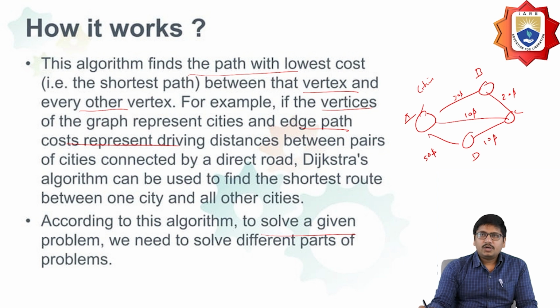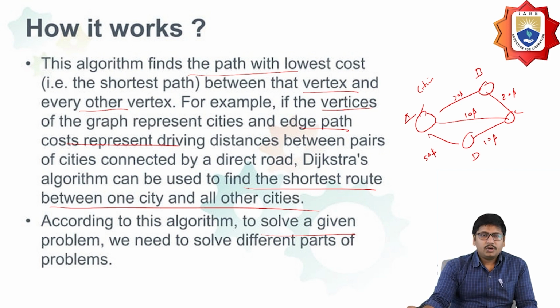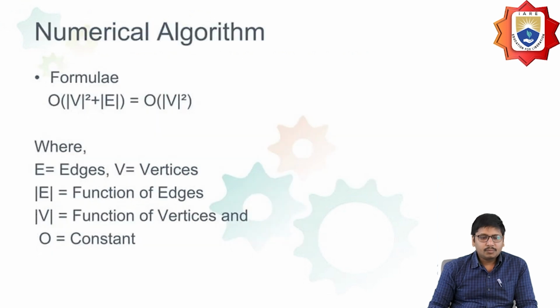I want to find the shortest path from one city to other cities. Normally this algorithm is used to find the shortest path from one city to all other cities. To solve a given problem, I need to solve different parts of the problem.